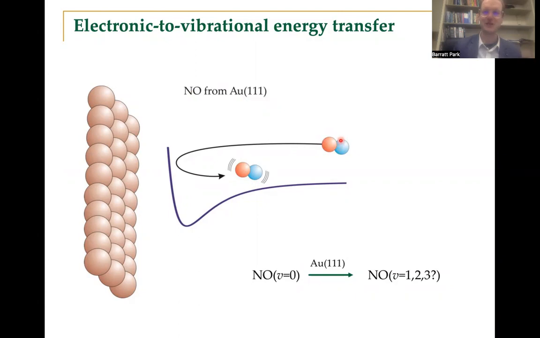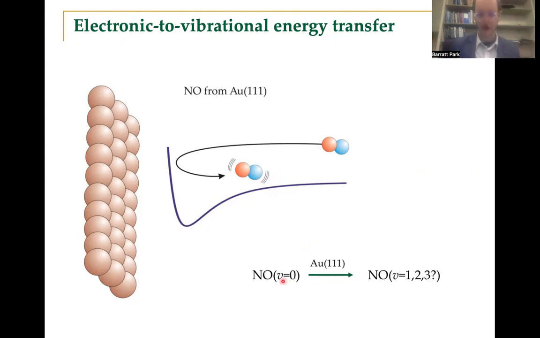So we're going to have an incident beam of NO molecules scattering from a gold 111 surface, and we're going to look at the vibrationally excited molecules that arise as scattering products. And we're going to look at an experiment that is probing direct scatter. So in other words, just single collision scattering of NO from the surface.